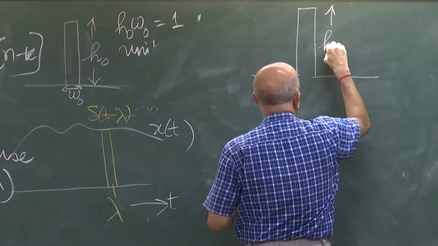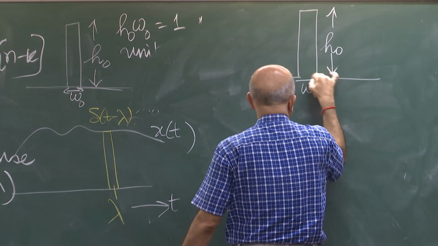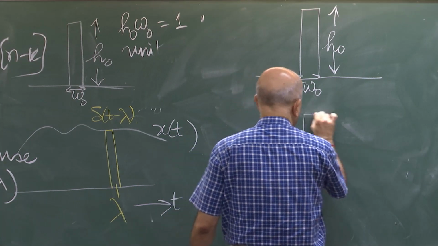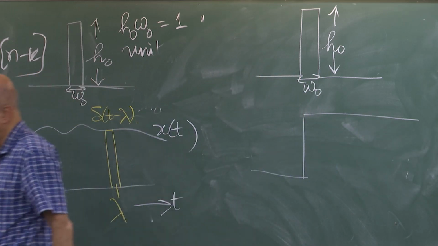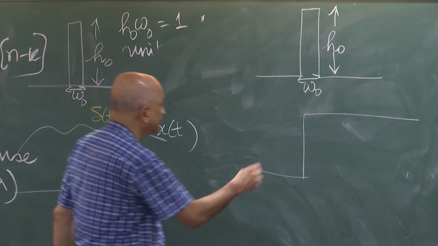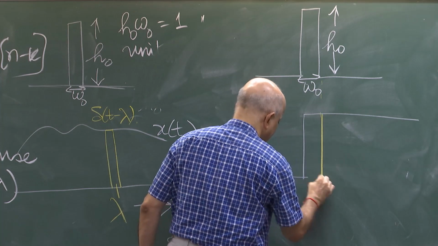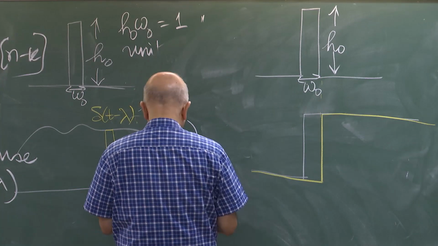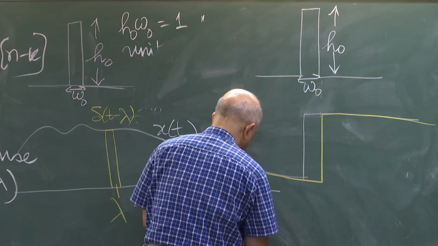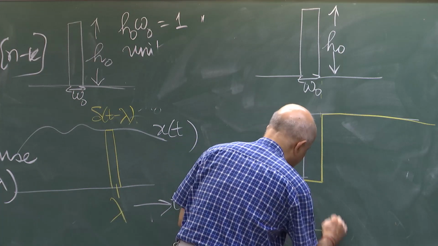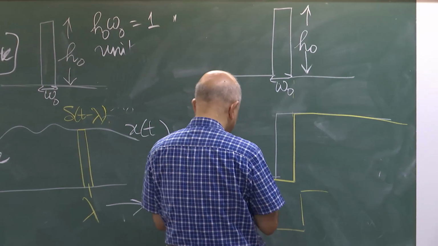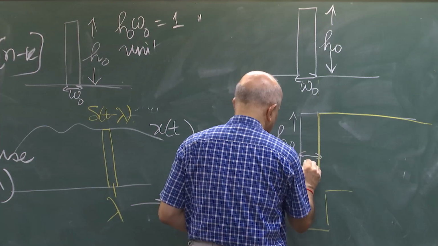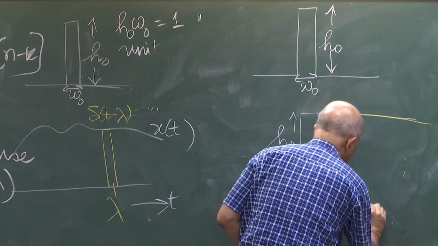The height h0 and the width w0. Now this can be seen as the difference of these two. So this minus this is the impulse.